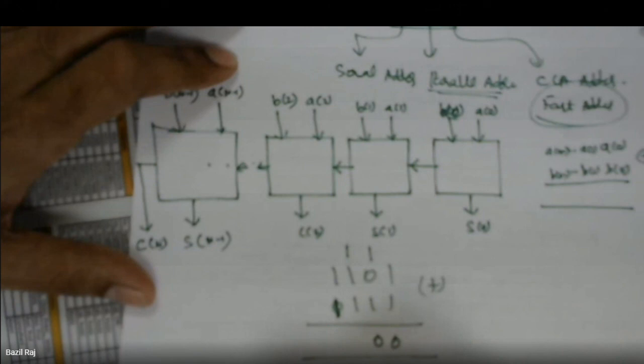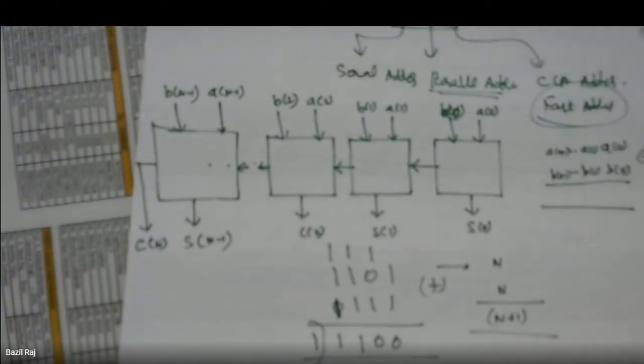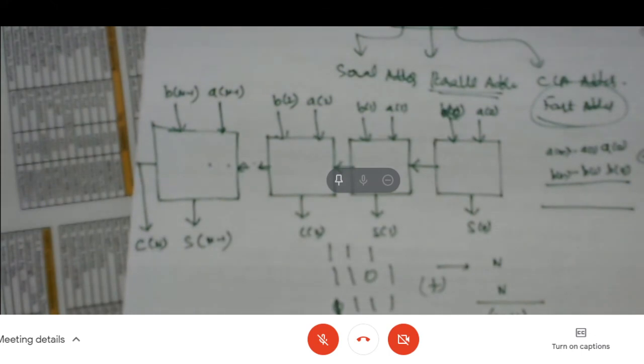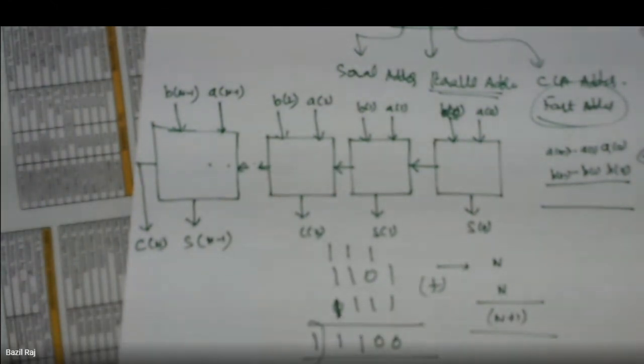If you want to store it in a 5 bit register, it will show you an error, because you cannot load 5 bit plus 5 bit equal to 5 bit again. So we need 6 bits now, right? So that adder will always have one additional bit to store the final carry. That may be 0 or that may be 1, depending upon the value of the addition at that instant of time.